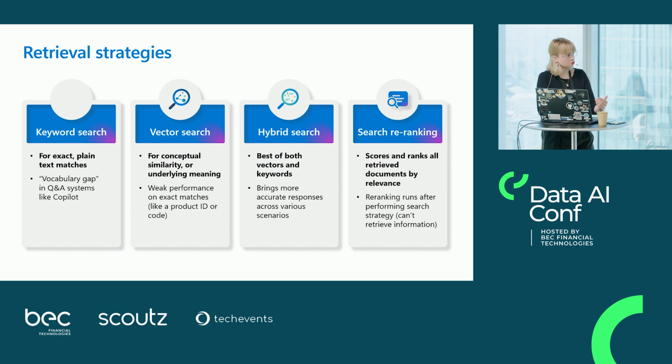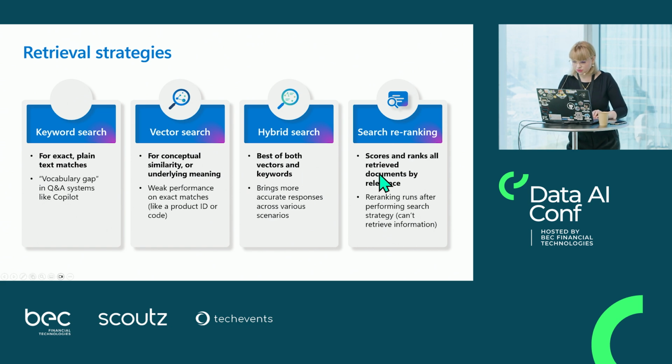And with Azure AI Search, you can have keyword search, vector search, and hybrid search, which combines different strategies. There is also a special algorithm called search re-ranking. And unfortunately, I don't have time to deep dive into that, although I would love to. But it is really interesting to go deeper.